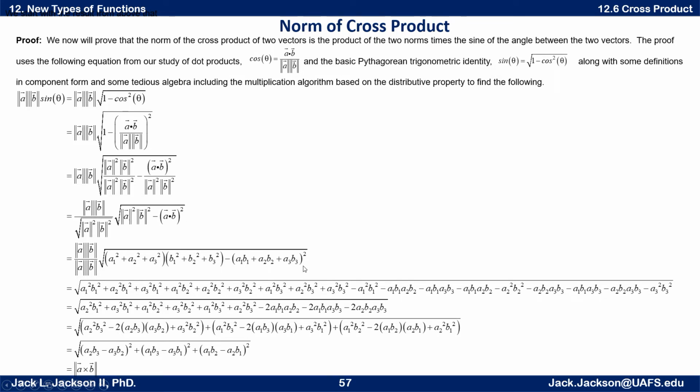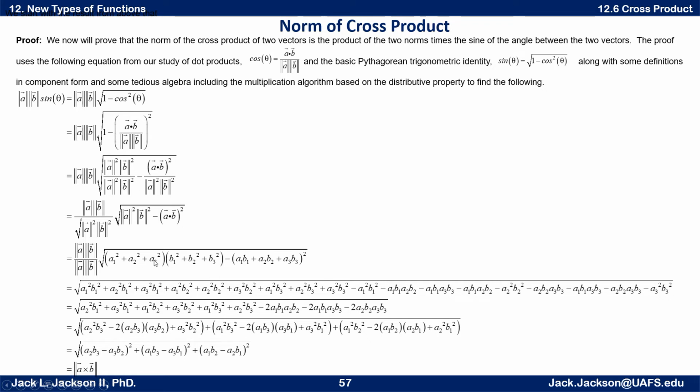All right, here's where it gets kind of tedious. So now we want to multiply these two things. We can write one above the other and use a long multiplication algorithm or whatever, but basically it's just repeated applications of the distributive property. We take the B1 squared times each term here.